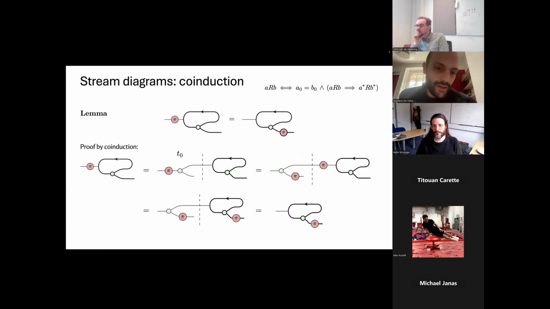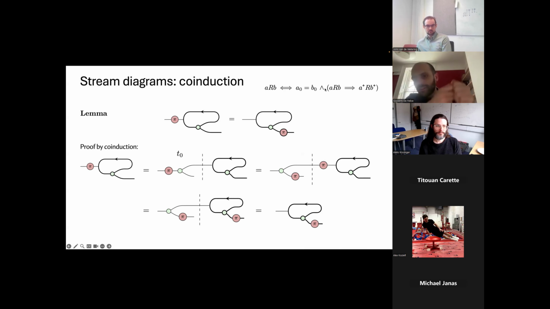This has been studied; there's a beautiful paper by Kozen and Silva on co-induction. And the difference between standard co-induction and what we're doing here with string diagrams is that here the diagrams also have this memory wire, which links the different time steps.